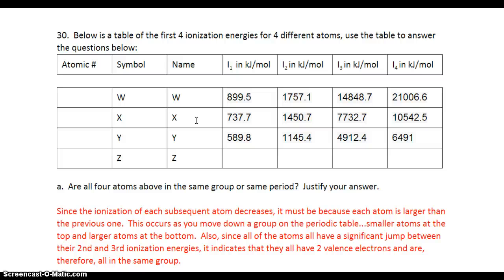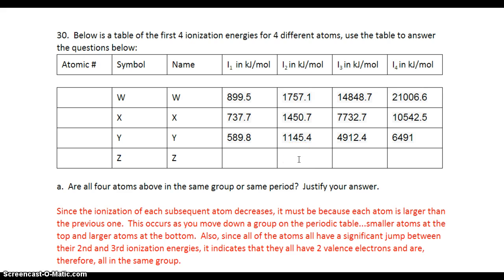The first one is that the ionization energy, as you move down each column for atoms W, X, and Y, they decrease no matter which column, no matter which ionization energy we're talking about. Whether it's I1, the first ionization energy, I2, the second ionization energy, all the way across to I4, all these ionization energies decrease as you move down the column.